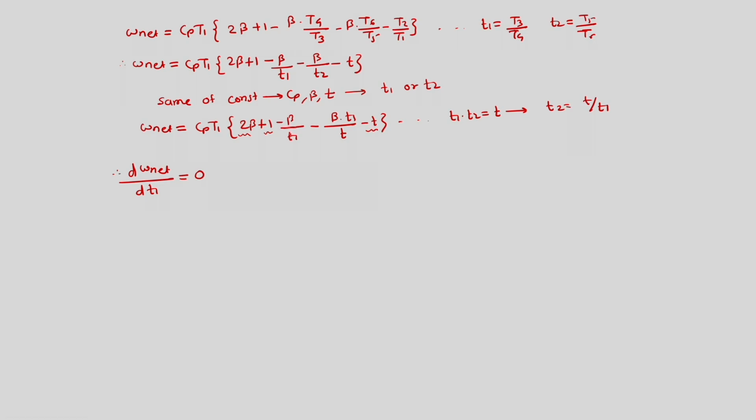So we will have differentiation of only this term, which is minus beta upon T1 and minus beta T1 upon T, and then that differentiation is minus beta upon T1 leads to beta upon T1 square, and minus beta T1 upon T leads to beta upon T is equal to 0.